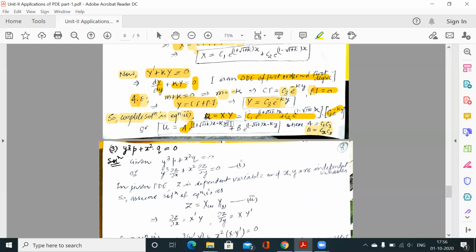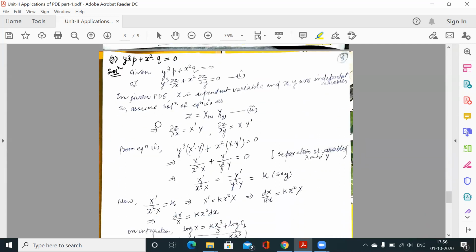We have added because the bases are the same. And again C2 into C3, we have replaced by B, into e to the power 1 minus square root 1 plus kx minus ky. So in this way, this is our solution.